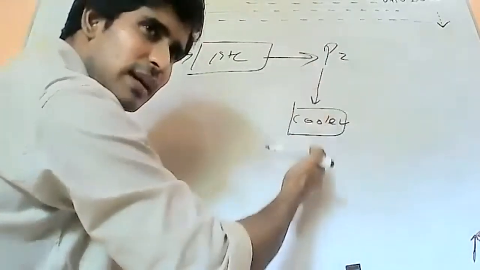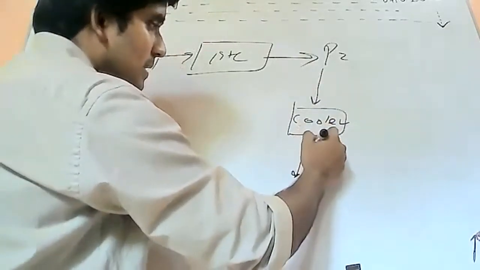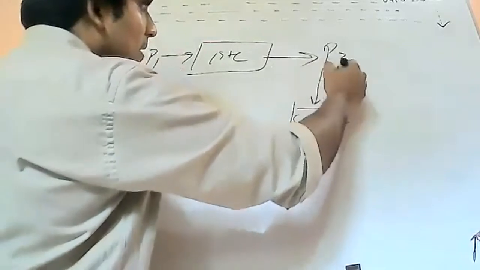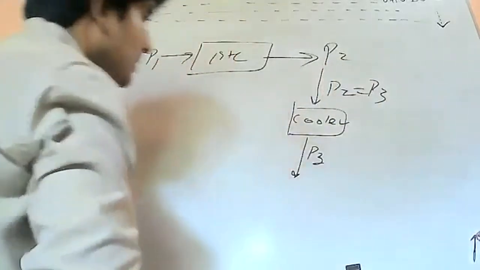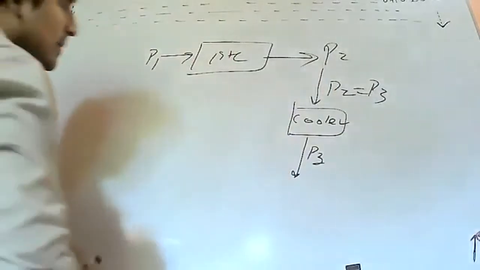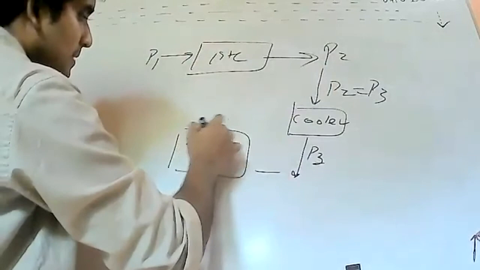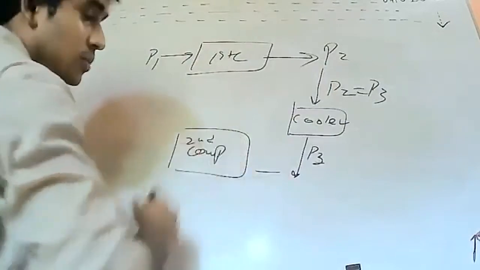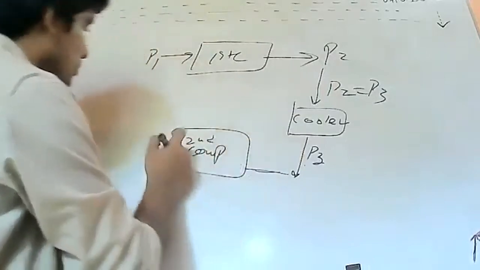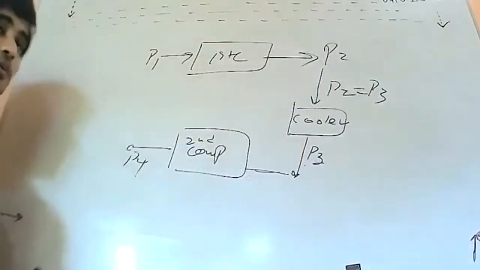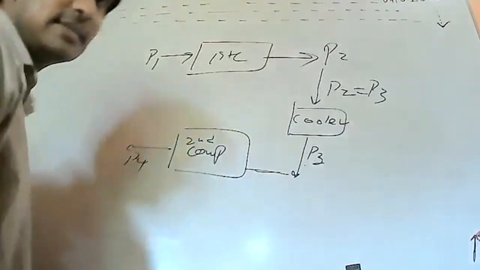This is cooled at the same pressure, so if you say the cooler output is P3, no worries, P2 equals P3. Then this is sent to the second compressor. So P3 is the input to the second compressor, and the output is P4, right?